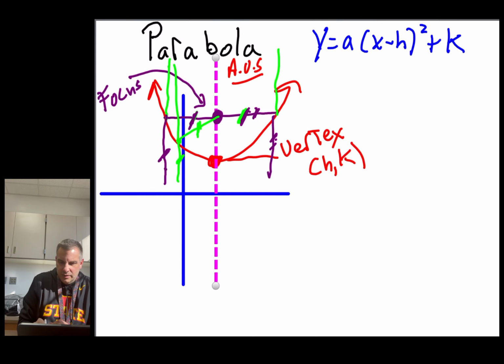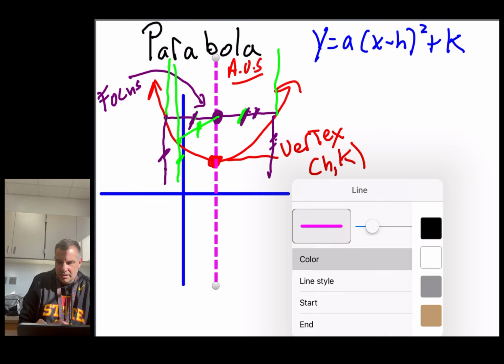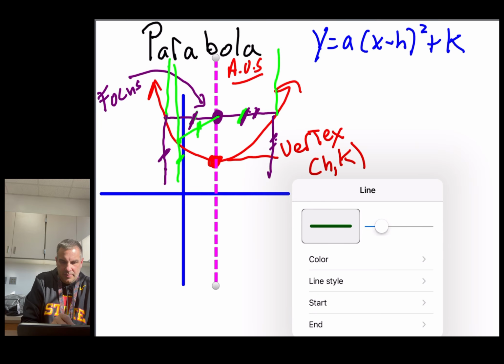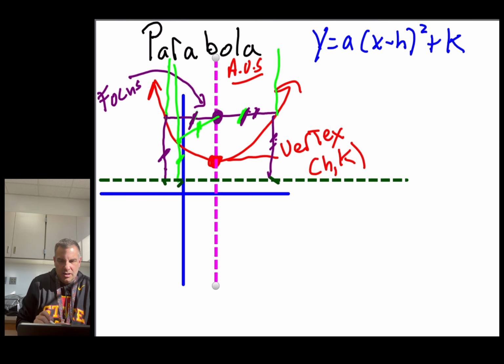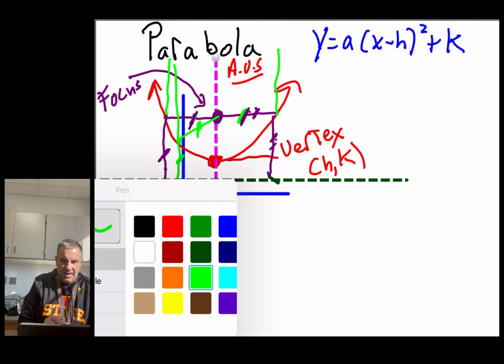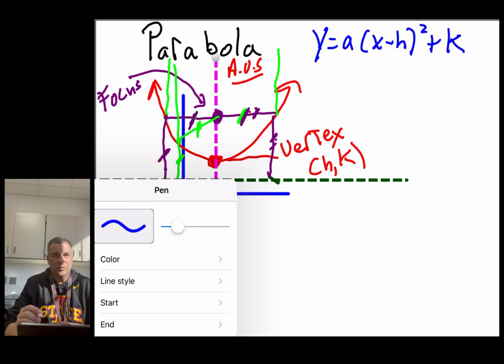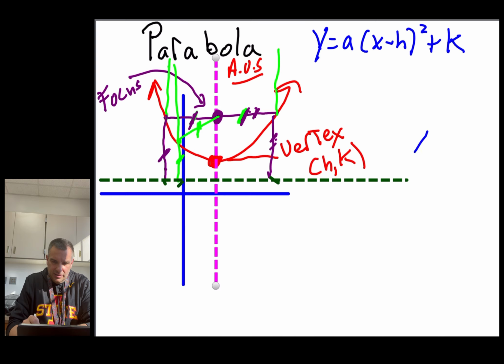And if you see what's happened, all of these points here, here, and here, they go on this same line right here. And this line has a name, what we call the directrix. This line here is called the directrix.